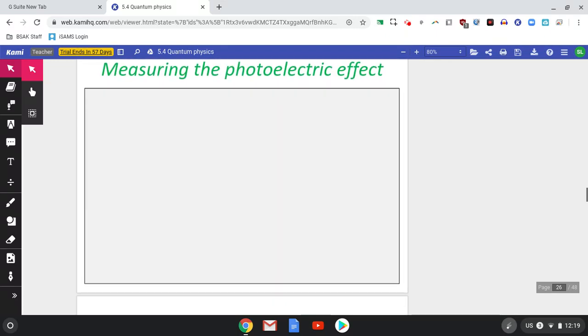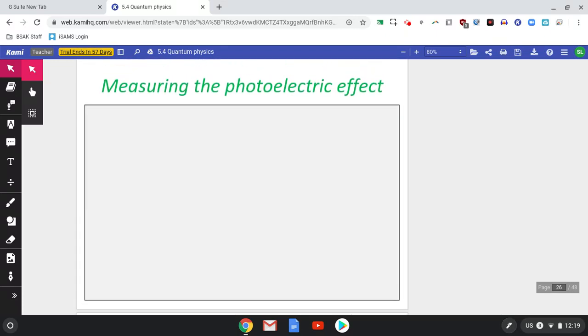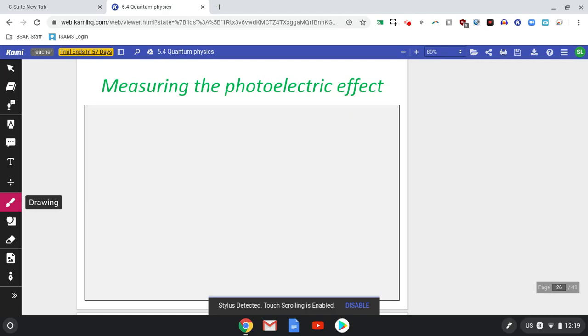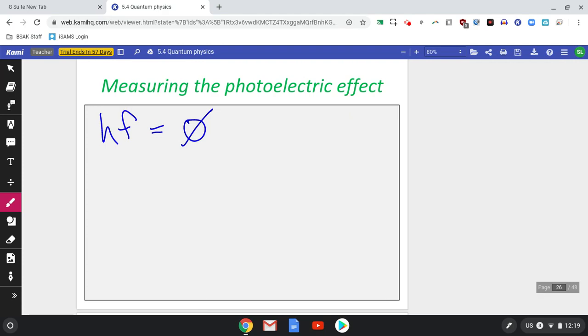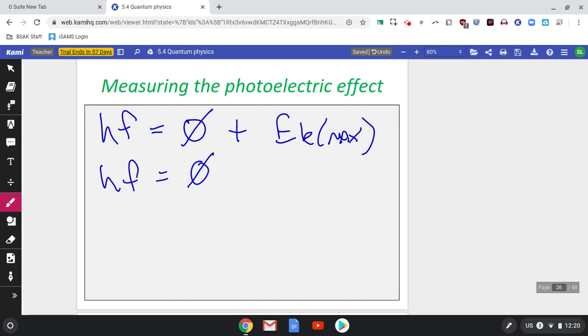So let's just have a little recap of that. The photoelectric equation is: photon energy, hf, is work function plus kinetic energy of the fastest electrons. But if you remember, work done equals charge times voltage. So we can replace the E_k max with the charge on a single electron multiplied by stopping potential.